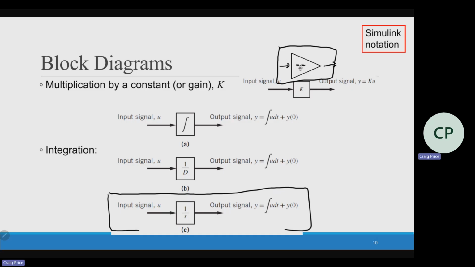If I wanted to take the derivative of an input signal, what would that block be? Just thinking about it.